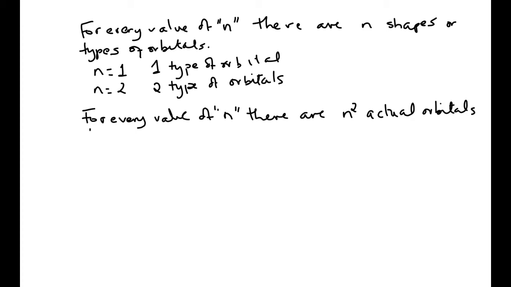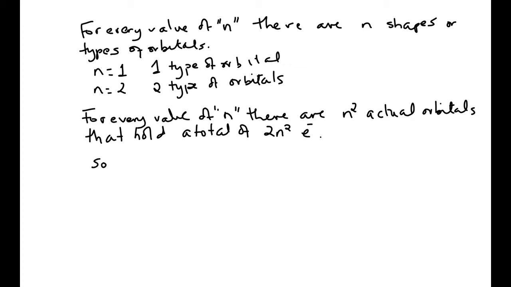That can hold a total of 2n squared electrons. So each orbital can hold 2 electrons. That's very important, that one orbital can hold a maximum of 2 electrons.